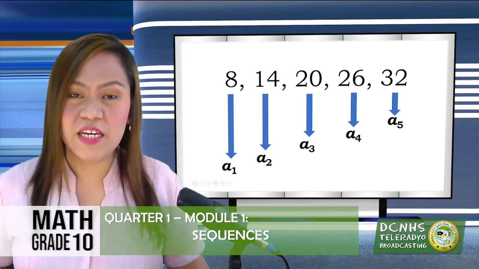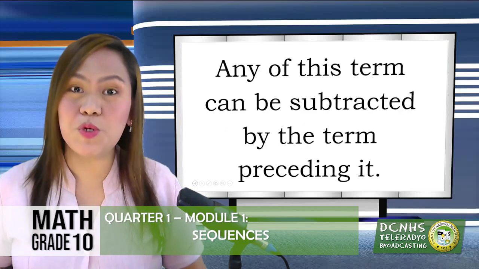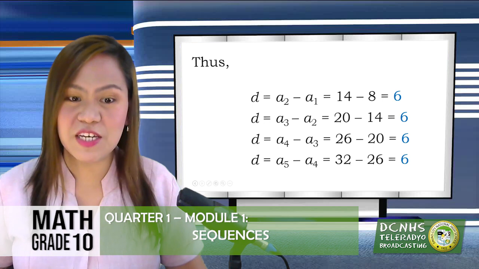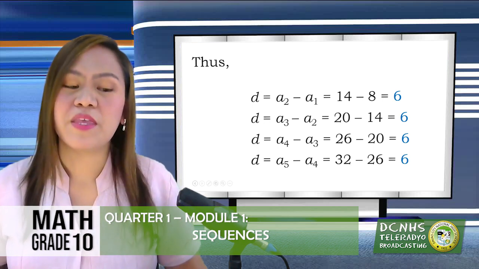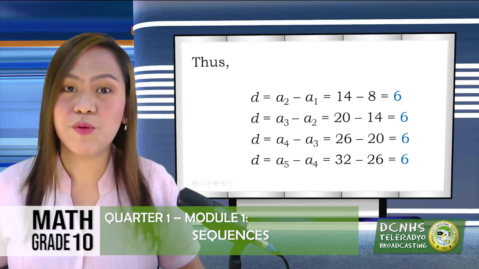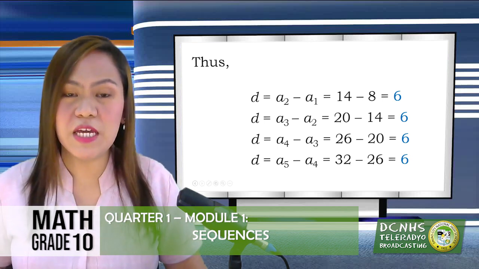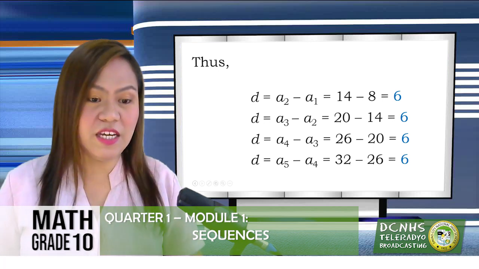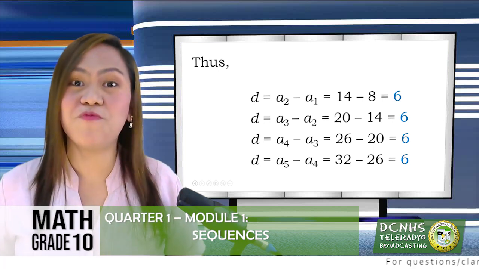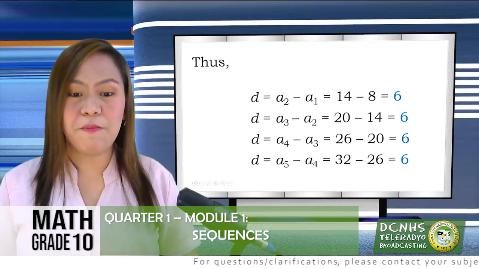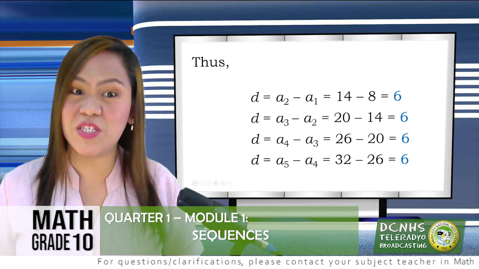Thus, d is equal to a sub 2 minus a sub 1, which is equal to 14 minus 8, which is equal to 6. d is equal to a sub 3 minus a sub 2 equals 20 minus 14, which is equal to 6. d is equal to a sub 4 minus a sub 3 equals 26 minus 20, which is still equal to 6.